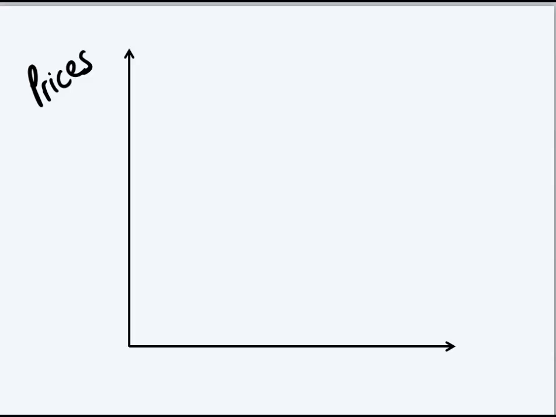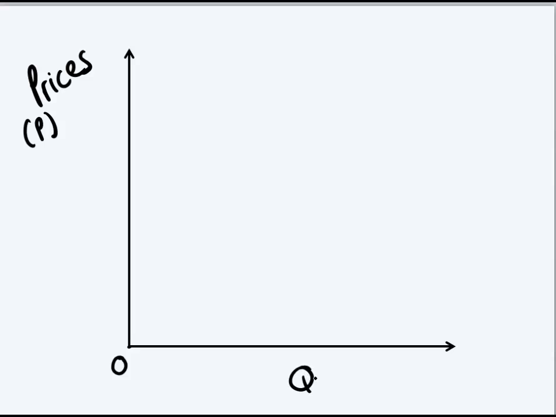But I would prefer if you write out prices and then in brackets a P, showing that we use P for short for prices. And then the origin, I put a little 0 to show this is where prices and quantity is 0.